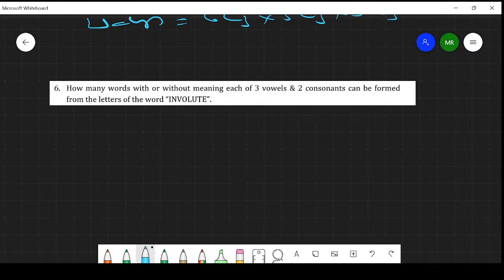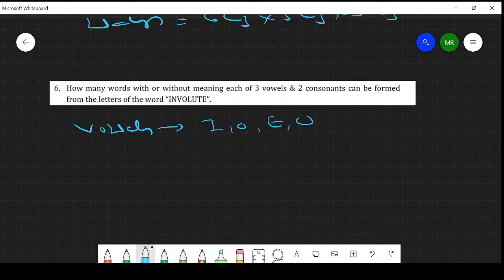In INVOLUTE there are 4 vowels. What are the vowels we have? I, O, E, U. These are the 4 vowels.